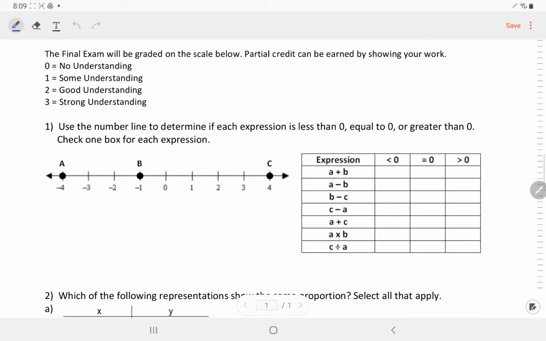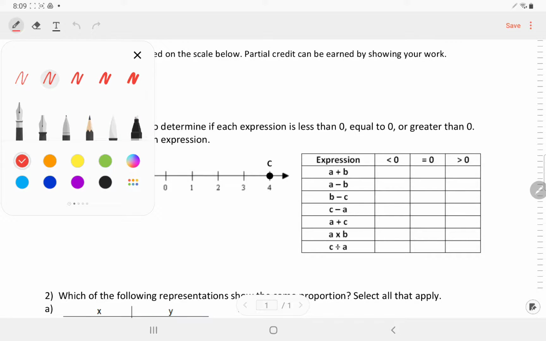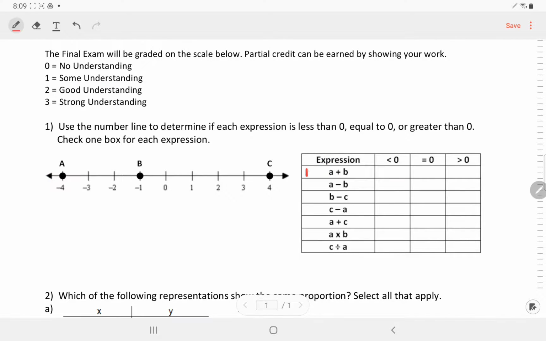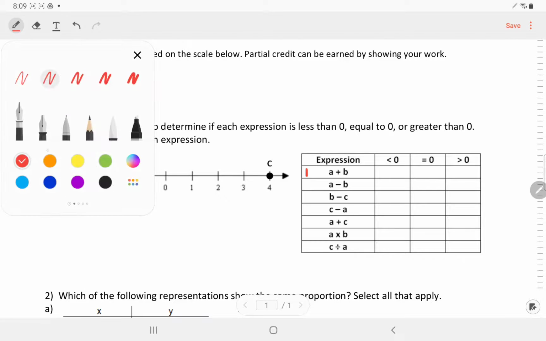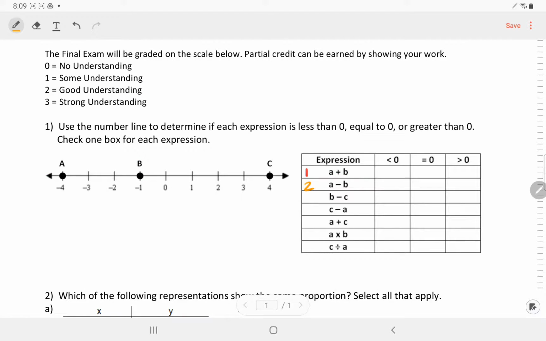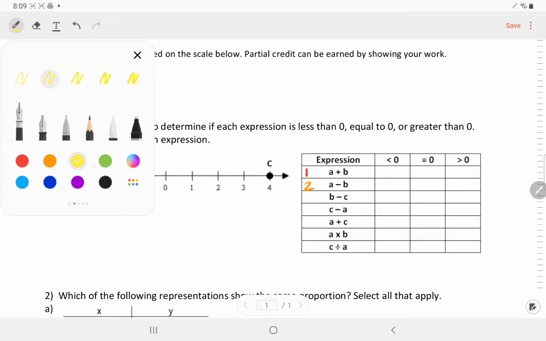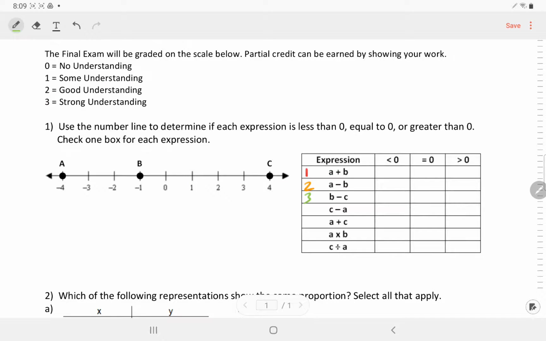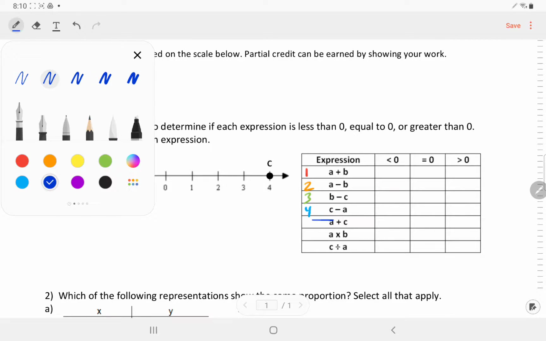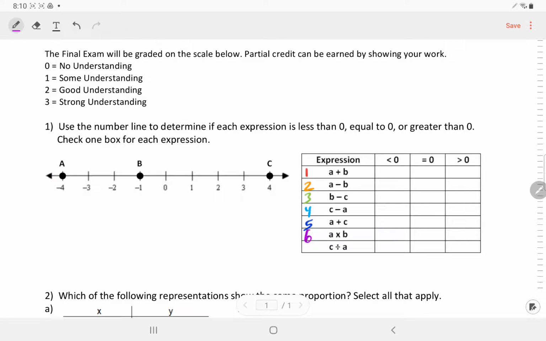So I'm going to color code this using a variety of colors for each problem. So this will be problem 1, problem 2, problem 3, problem 4, problem 5, 6, and 7.